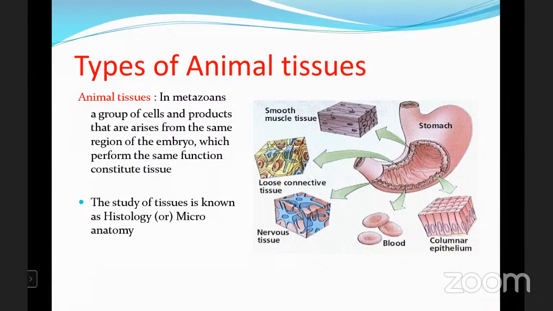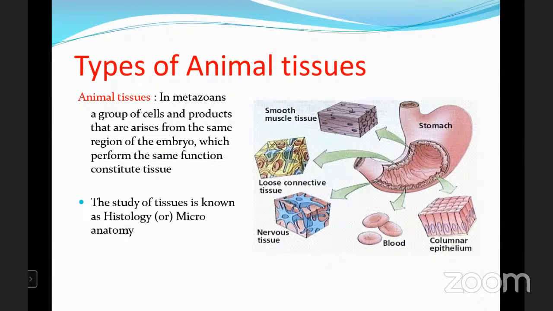Okay, our topic is types of animal tissues. So here we are observing some tissues on the screen. First of all, tissue. Actually, what is the meaning of it? In metazoans, a group of cells and products that arise from the same region of the embryo, which perform the same function, constitute the tissue.